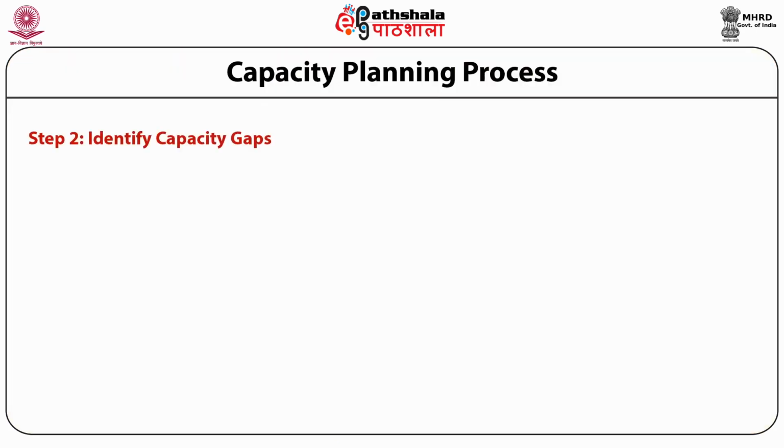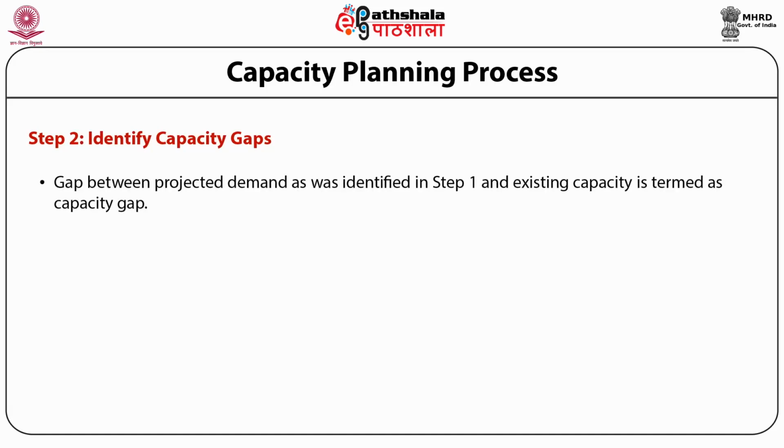Step 2. Identify capacity gaps. The gap between projected demand as was identified in step 1 and existing capacity is termed as capacity gap. The gaps can be positive or negative.